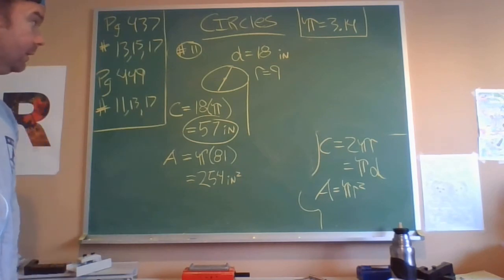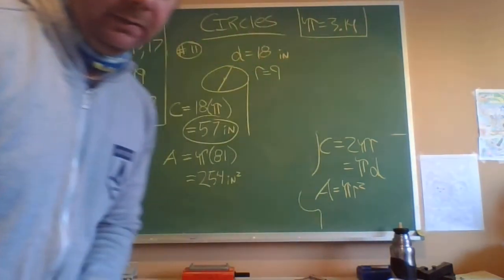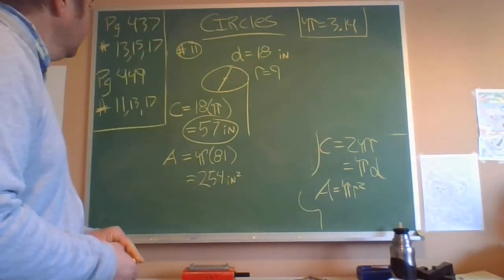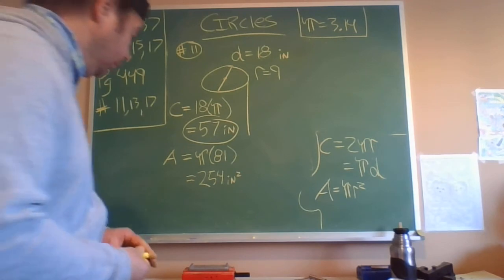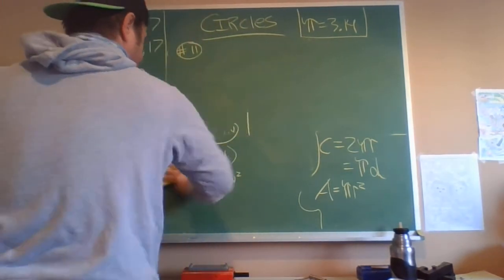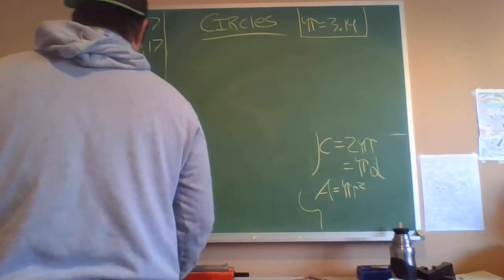And that's it. So that's a pretty basic example, a pretty basic application of the circumference and area formulas for circles. Let's look at these next two and see if they get a little more interesting. I think they might. Let's see, what is number 13 about?